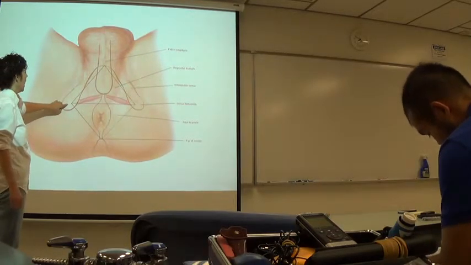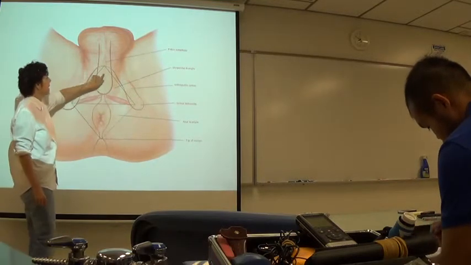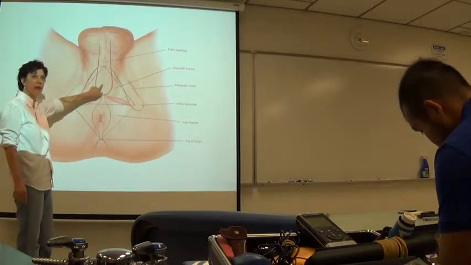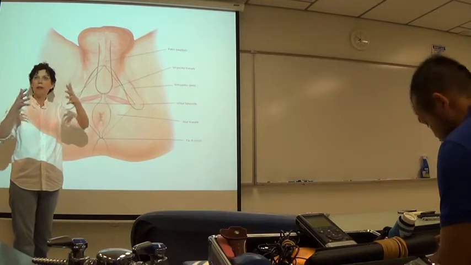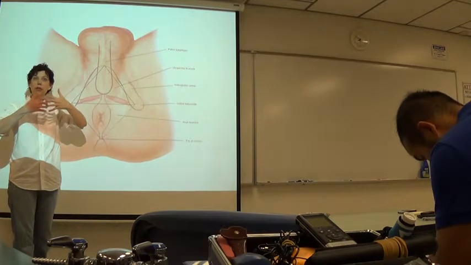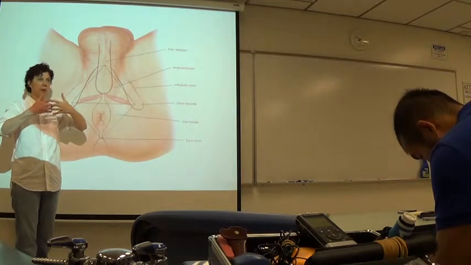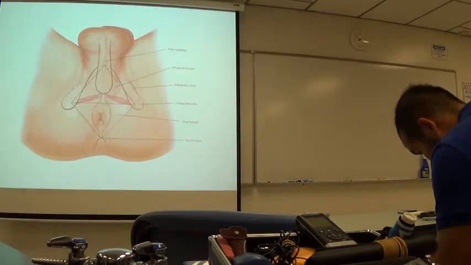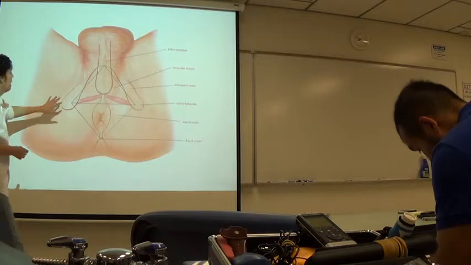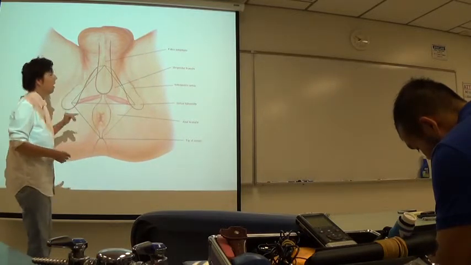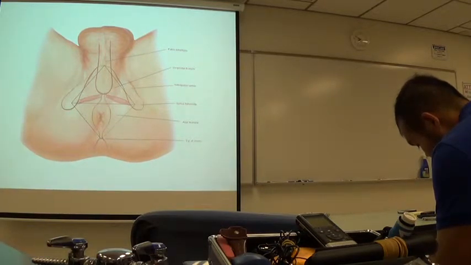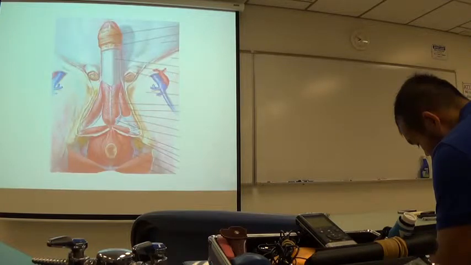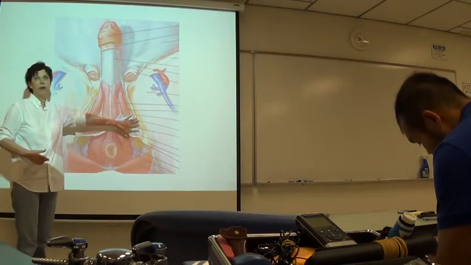Okay? And so here you can see that seam line that I was talking about, when the two labia, that would be a female structure, fuse, and the scrotum is fused together. So that forms that seam line. And now we'll remove the skin and look at these structures in layers. So the skin is removed, and the fascia over the muscle is removed.